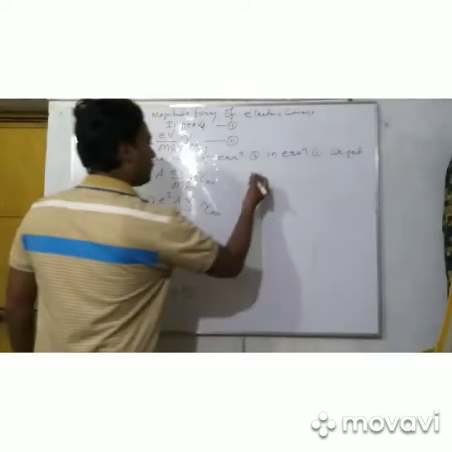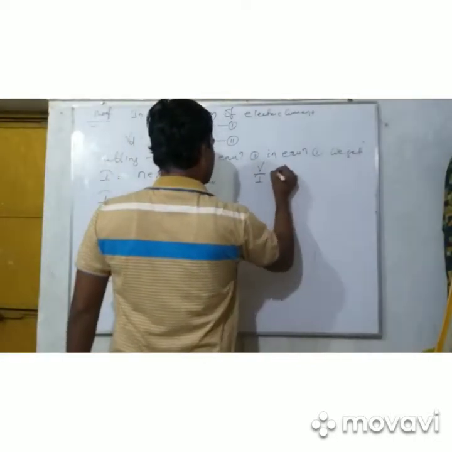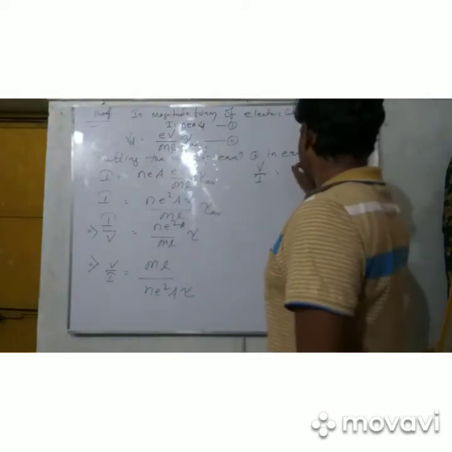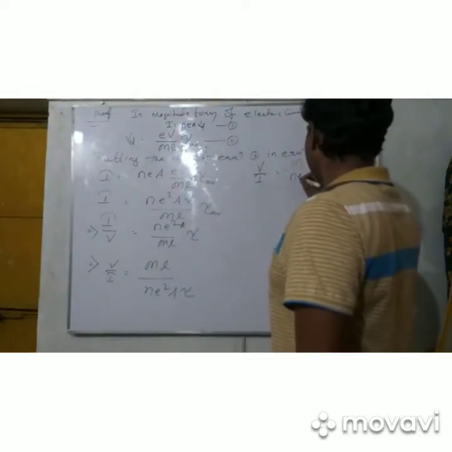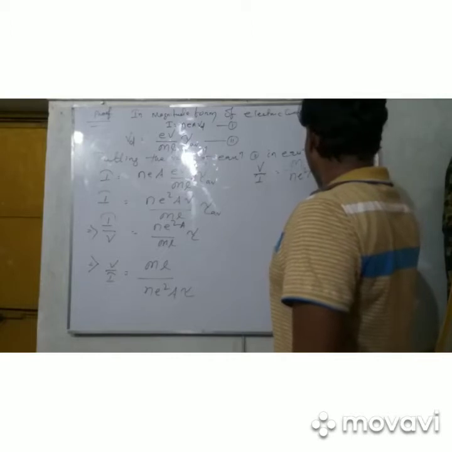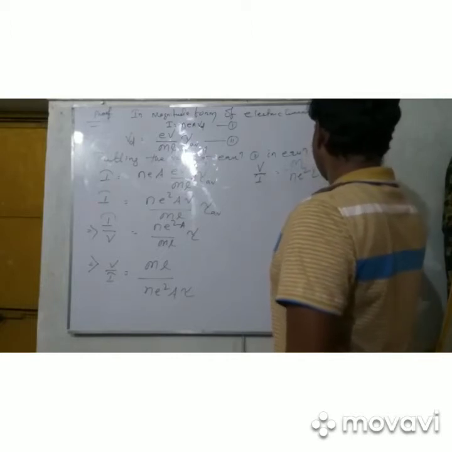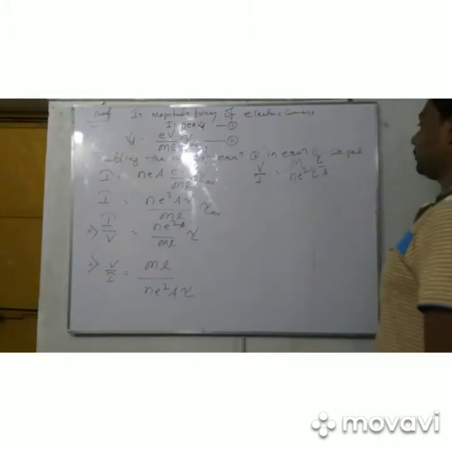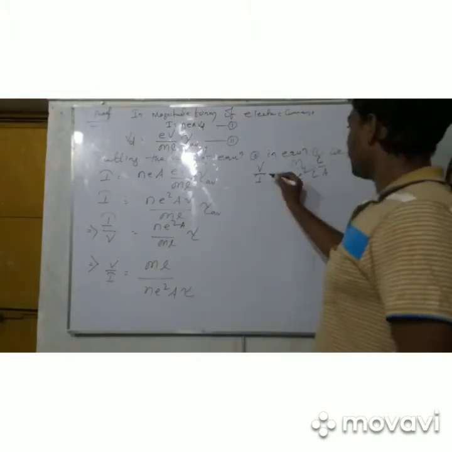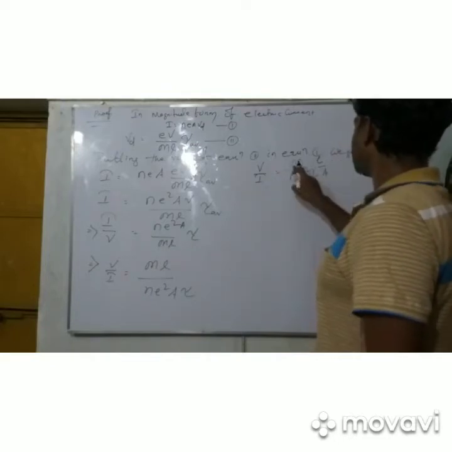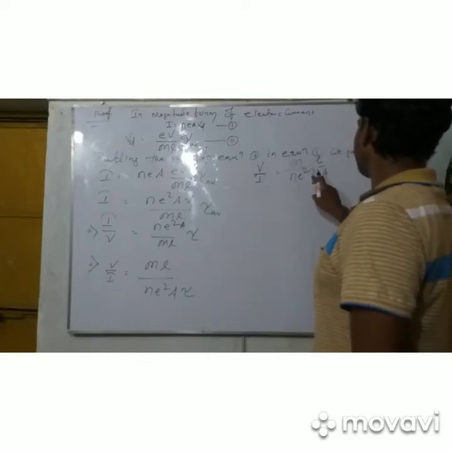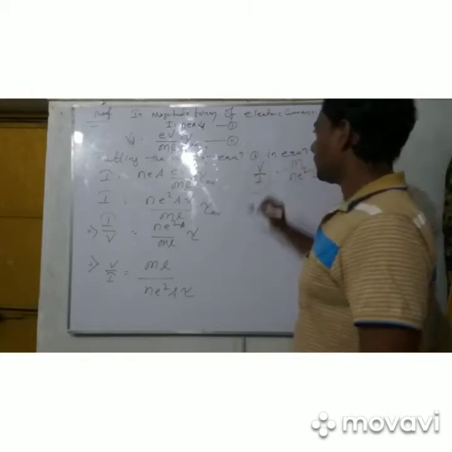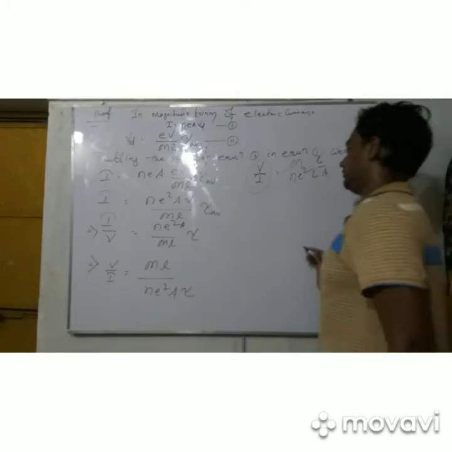Clear? In other way, V by I equals m by n e square tau into L by A. So V by I equals m by n e square tau into L by A. So what does V by I mean? Already I have defined that one.